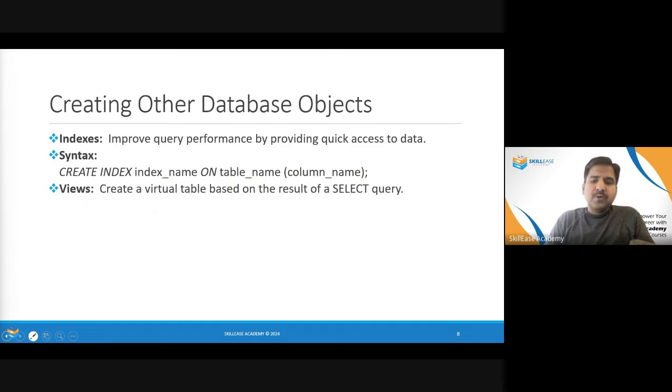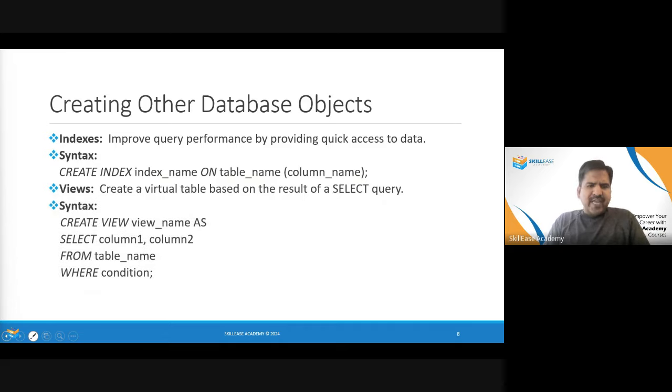Views also help you restrict access to specific data by showing only certain columns or certain rows. They can represent data in a way that is different from the physical schema, making it easier for users to work with.